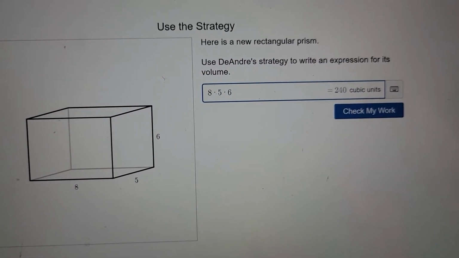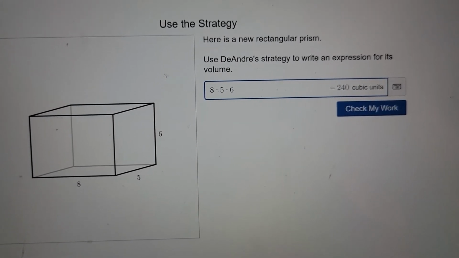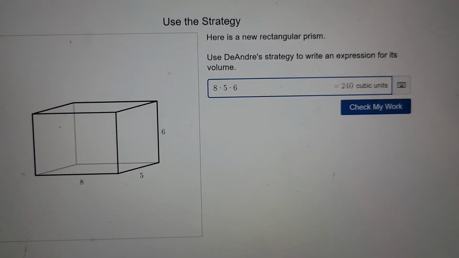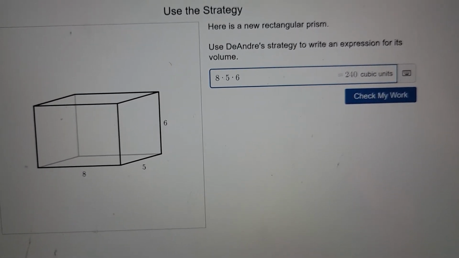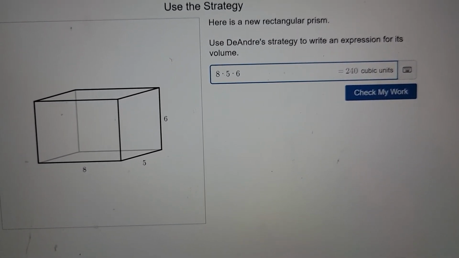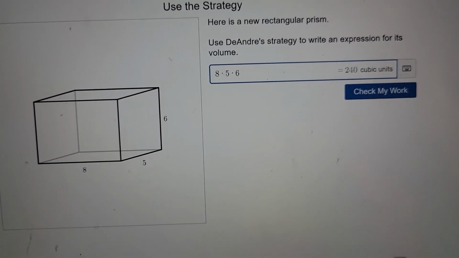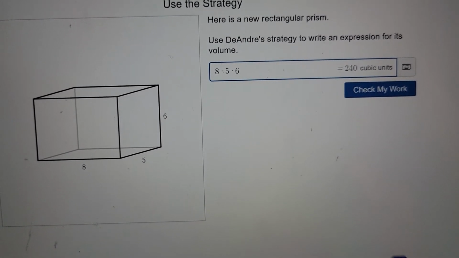So it's asking over here, use Deandra's strategy to write an expression for the volume. So in order to find Deandra's strategy, all you would have to do is 5 times 8, which is 40, times 6, which is 240.